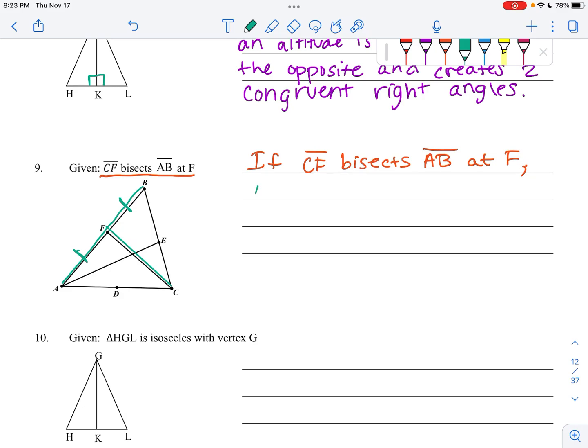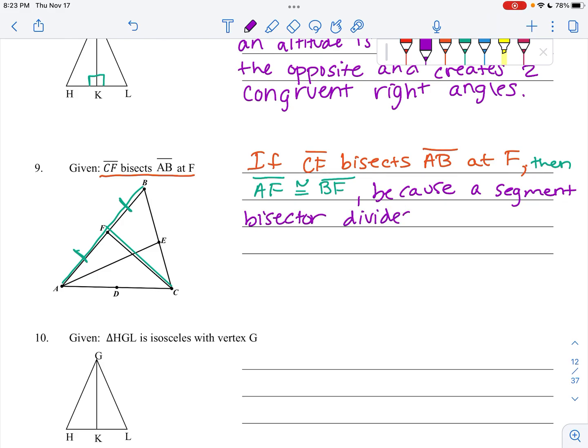So then segment AF is congruent to segment BF because, and I need to explain what the word bisects means, specifically in reference to this segment. So because a segment bisector divides a segment into two equal parts.